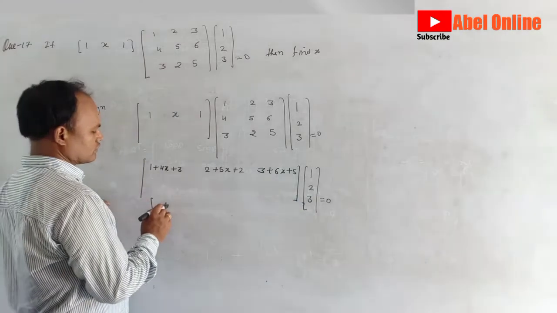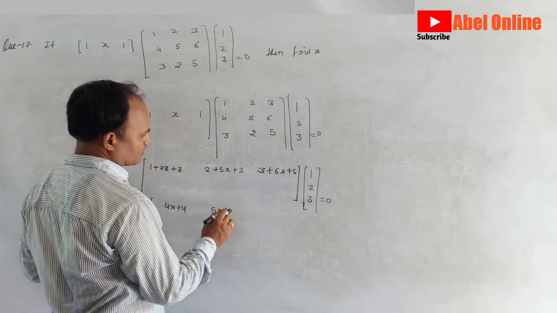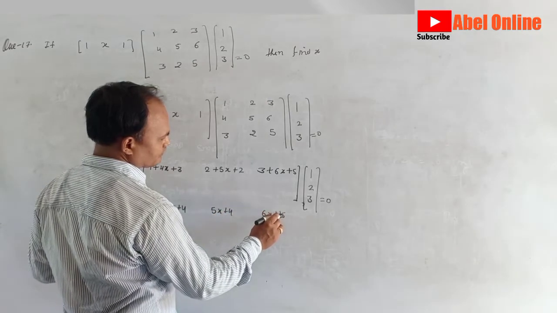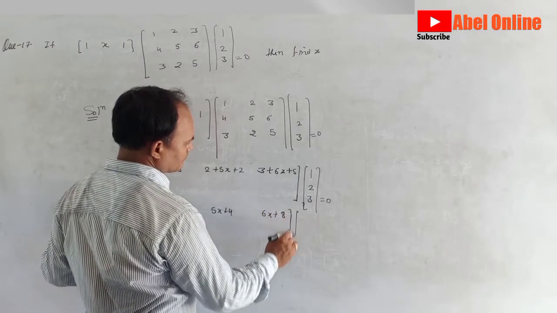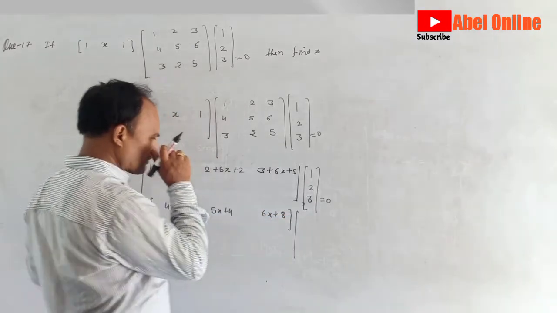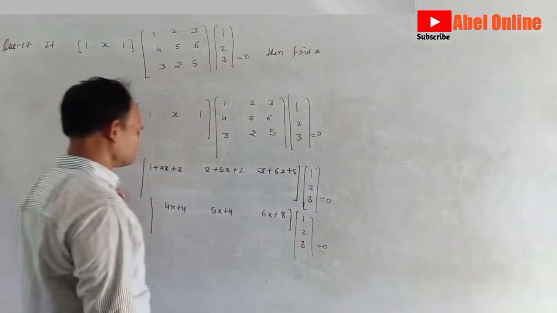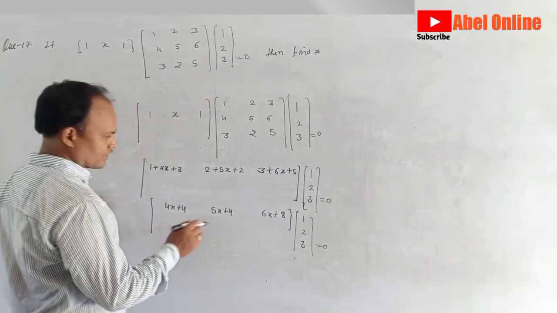So it is 4x plus 4, 5x plus 4, 6x plus 8. Students, we have to multiply again.